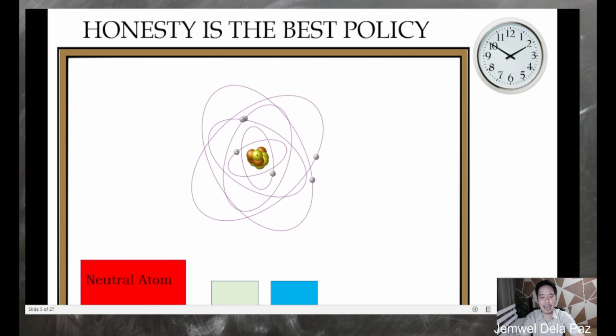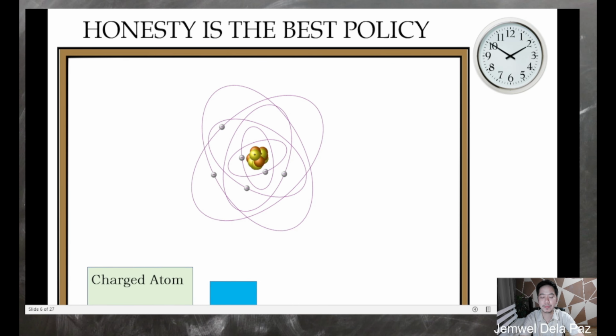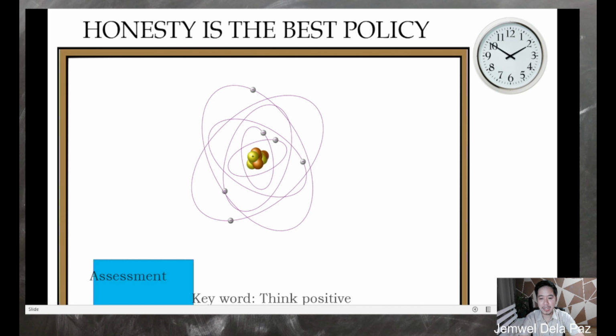We will be discussing the different ways on how to determine the number of protons, electrons, and neutrons of a neutral atom and a charged atom. And of course, I'll be giving you a short assessment to determine if you were able to achieve our learning goals for today.